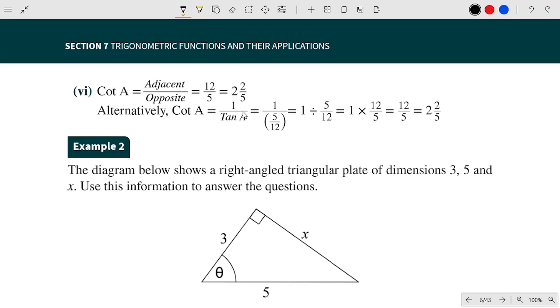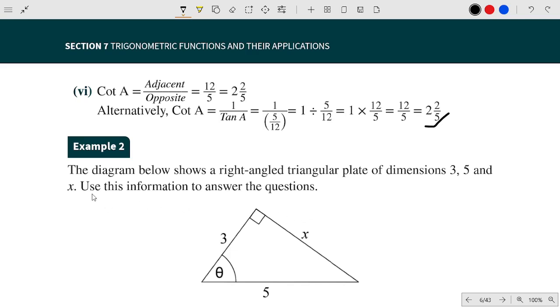Alternatively, 1 on tan A is the same as cot A. So we have 1 on 5 divided by 12. You maintain the 1 here, you change the sign to multiplication, find the reciprocal of the next term, then you multiply. That's why we had this here. So that is the answer. It's quite simple as that.